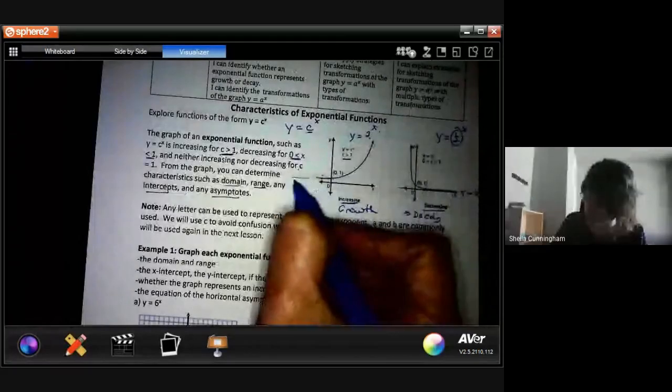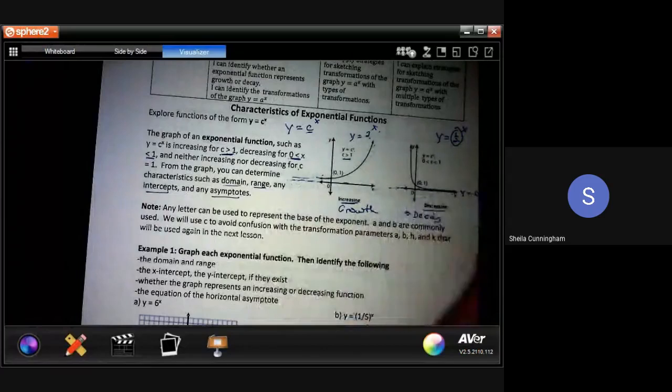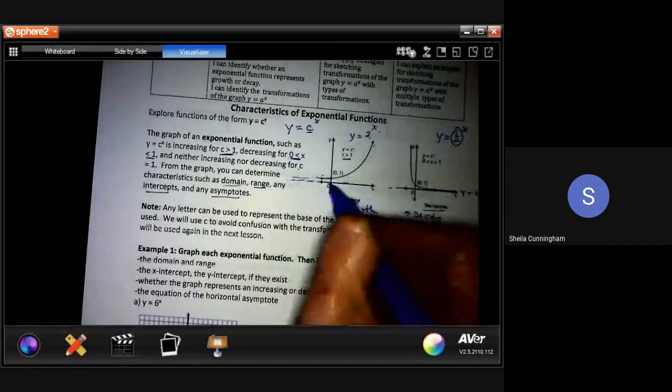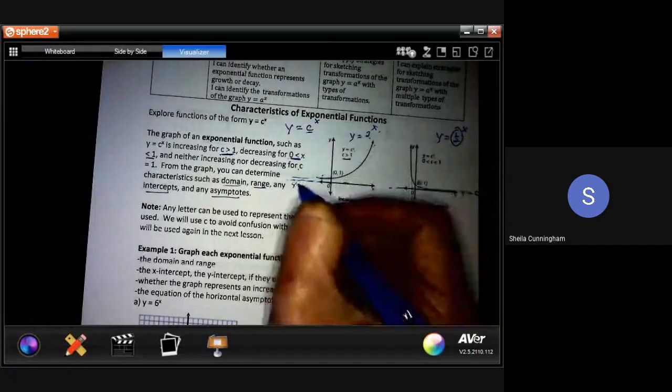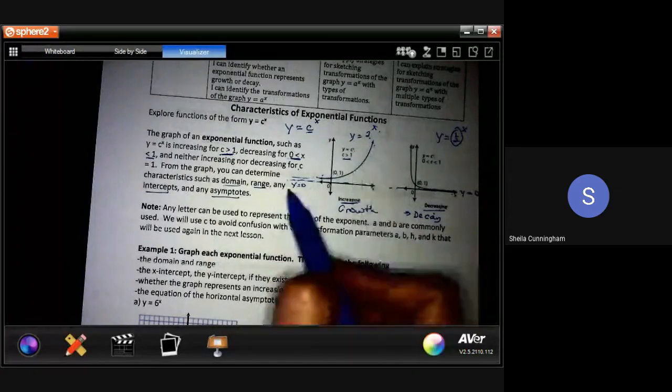This is coming really, really close to your x-axis, but it never actually touches it. So this would be considered an asymptote, okay? And because it's crossing at y equals 0, y equals 0 is the asymptote there. We'll talk a little bit more about asymptotes as we move through this, but for the time being, that's where we're at with that.